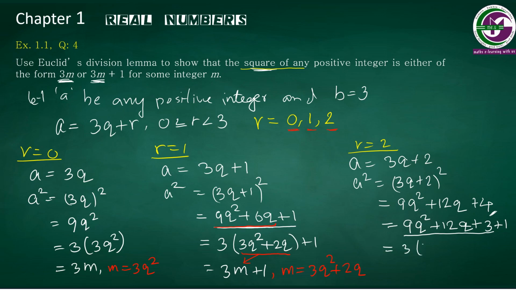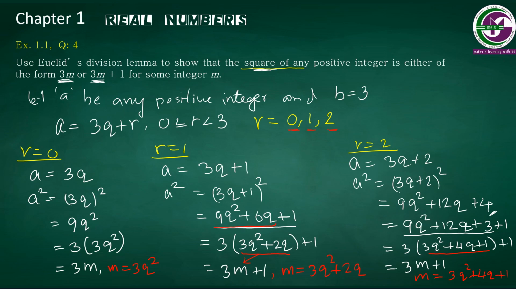So it is 3 times 3q square plus 4q plus 1, plus 1. And all the bracket terms. So this complete 3q square plus 4q plus 1 we will substitute as m. So we can write this is equal to 3m plus 1, where m is equal to 3q square plus 4q plus 1.